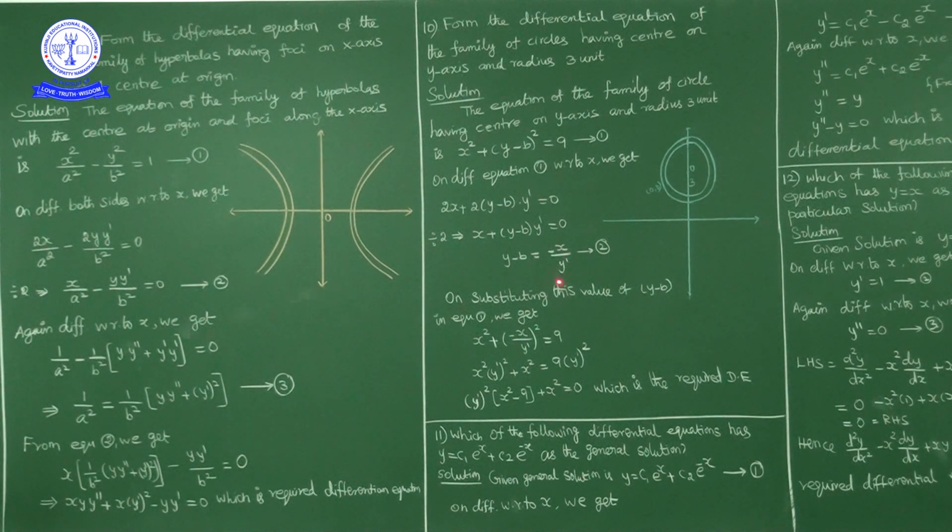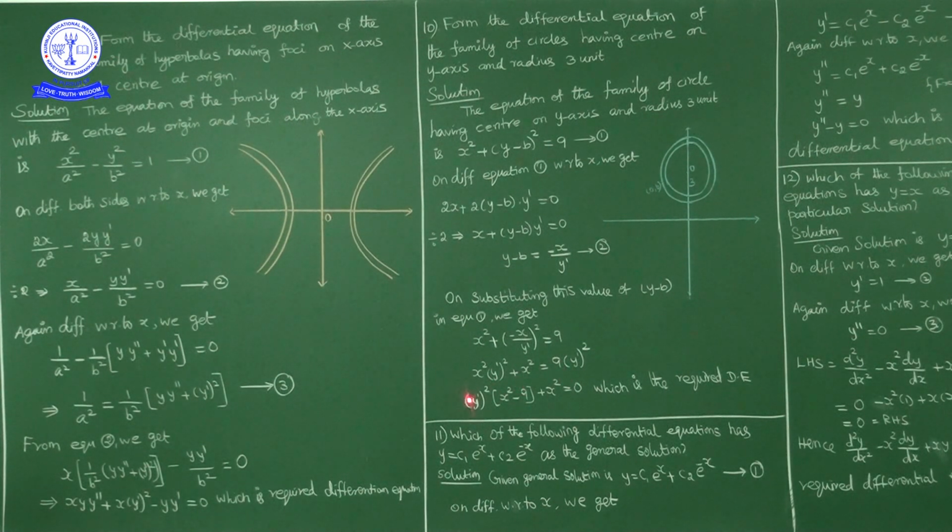So in place of y − b, I'll write −x/y'. So we get x² + (−x/y')² = 9. Now LCM is y'². So we get x² y'² + x² = 9 y'². Writing this term this side, x² y'² − 9 y'² + x² = 0.